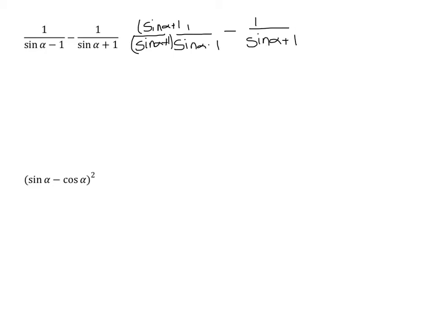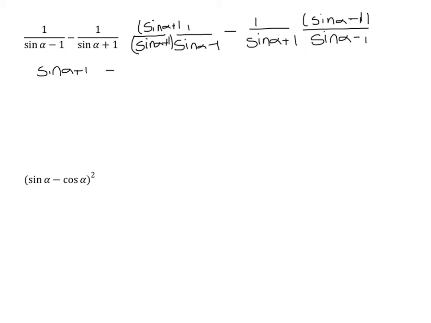And I'll multiply this one by sine of alpha minus 1 over sine of alpha minus 1. Multiplying these numerators is easy. I get sine of alpha plus 1.